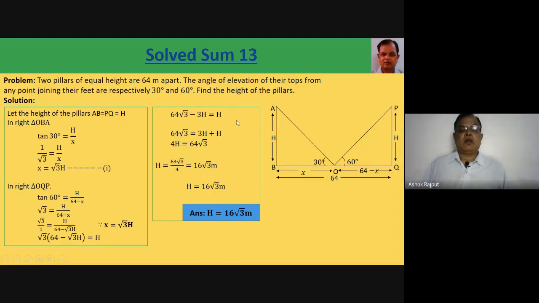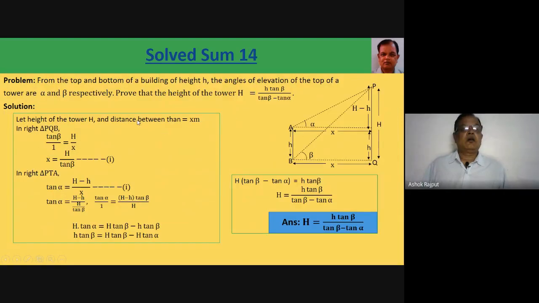PR square equals PQ square plus QR square, 15 square plus 8 square, 225 plus 64, which is 289. Therefore PR equals the square root of 289, which is 17. So sin theta equals 15 by 17. Also sin theta equals h upon 90, so h equals 15 into 90 by 17.